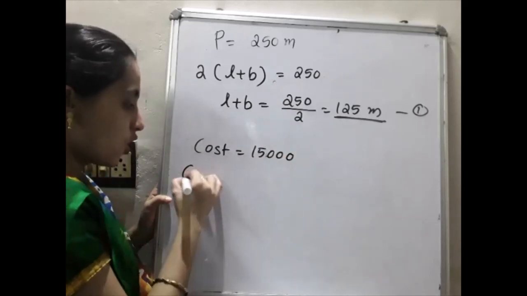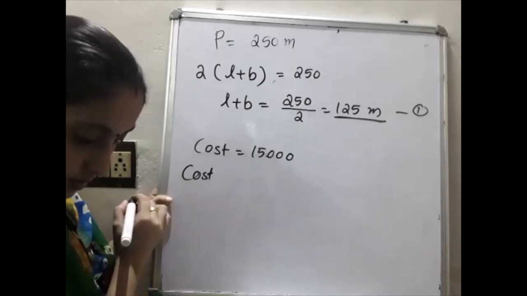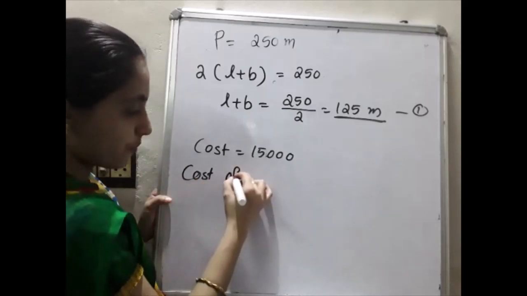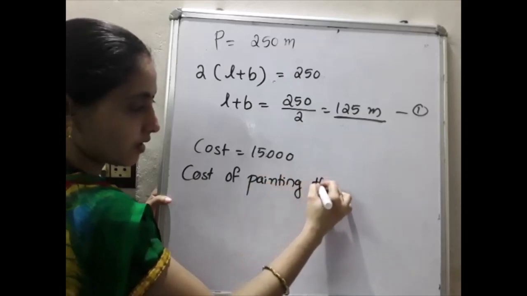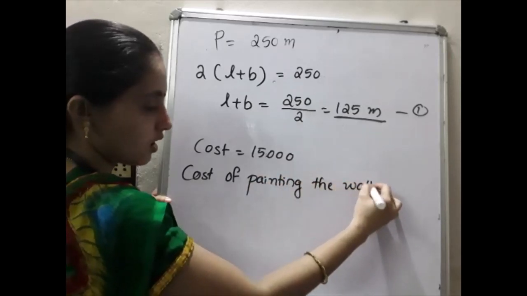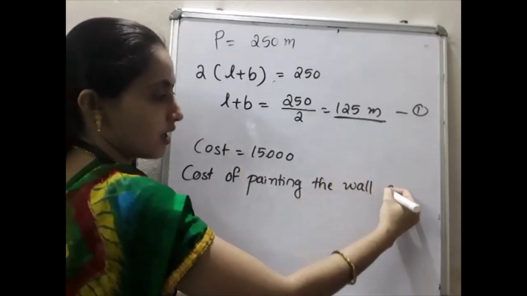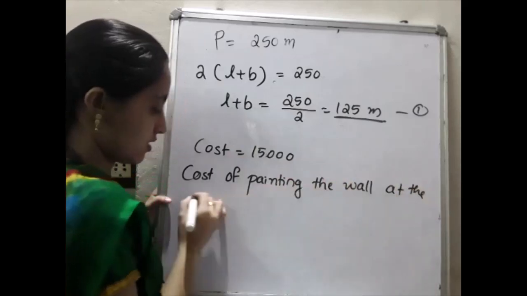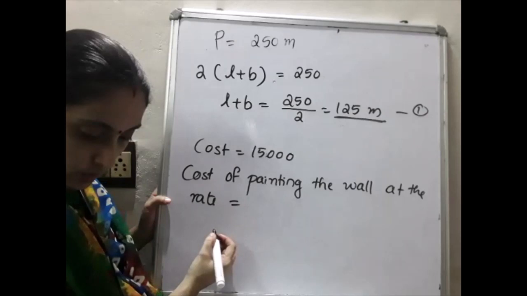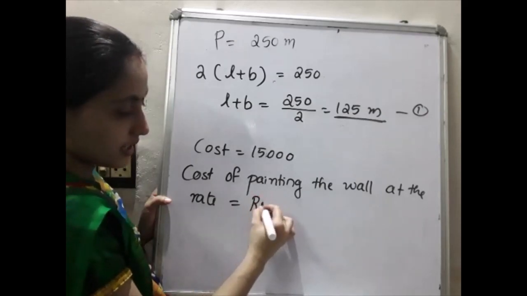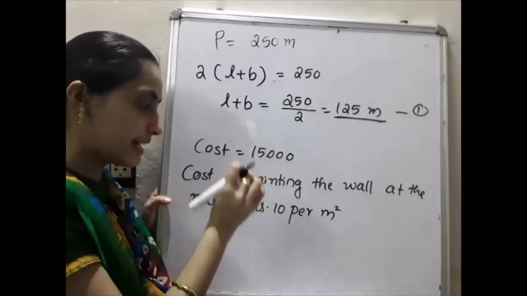And the cost of painting the wall at the rate is equal to what? Rupees 10 per meter square. That is per meter square it is rupees 10.